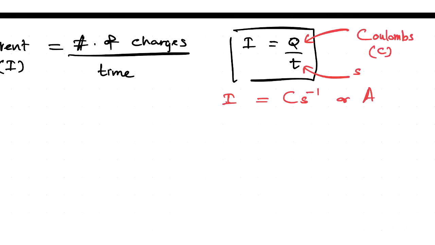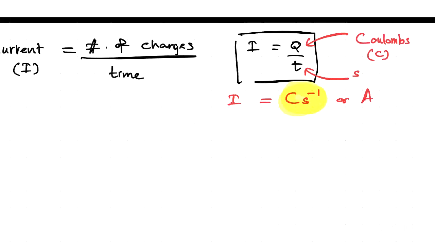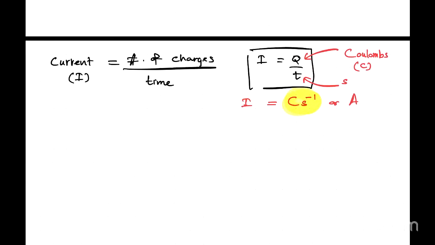But remember, ampere is the most widely used unit, while coulombs per second is the correct unit.